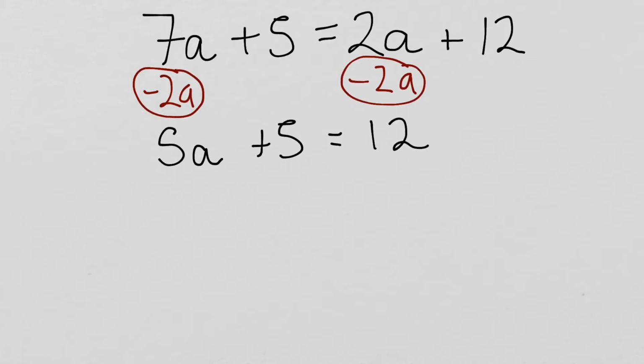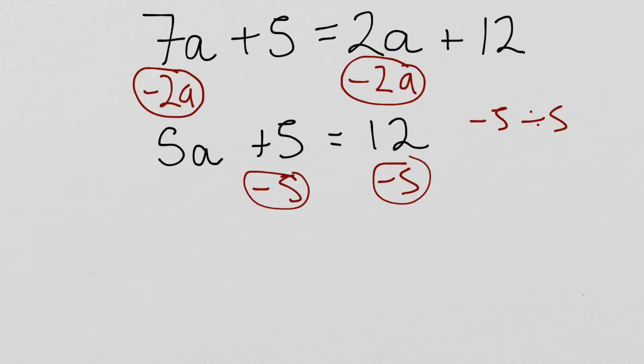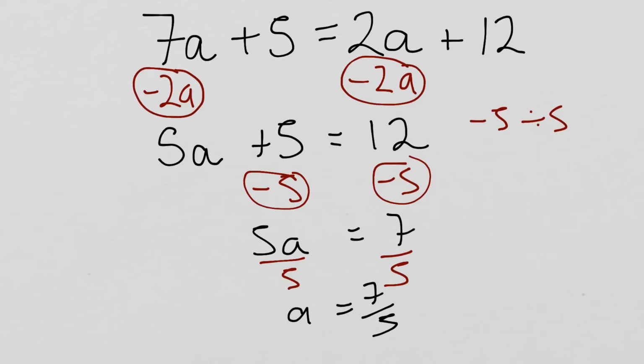Now, as soon as you get to here, it's the same steps as before, so I'm going to write down, you take away 5, divide by 5. So let's quickly do those steps. Take away 5, take away 5. So 5a equals 7. Divide by 5, divide by 5. So a equals 7 over 5. Well, again, you can write that as a decimal, it's 1.4.